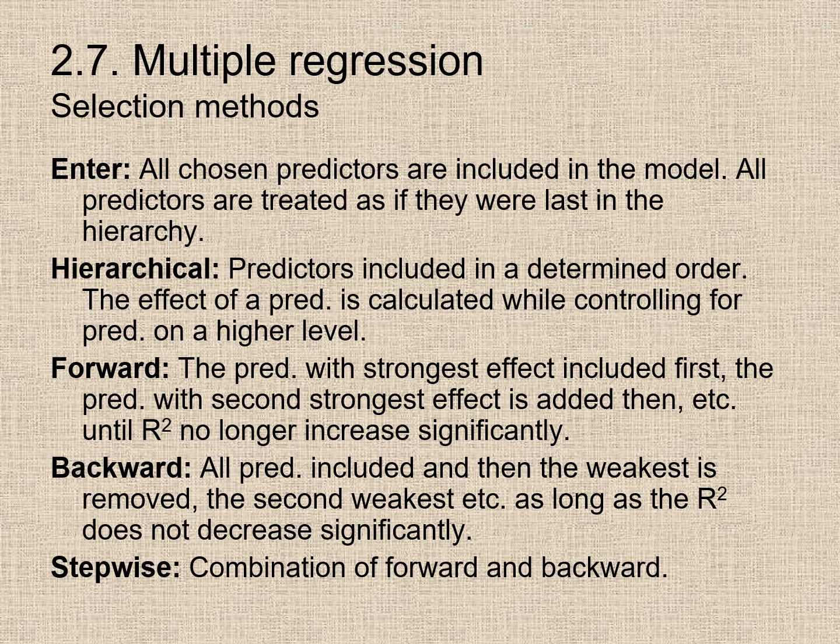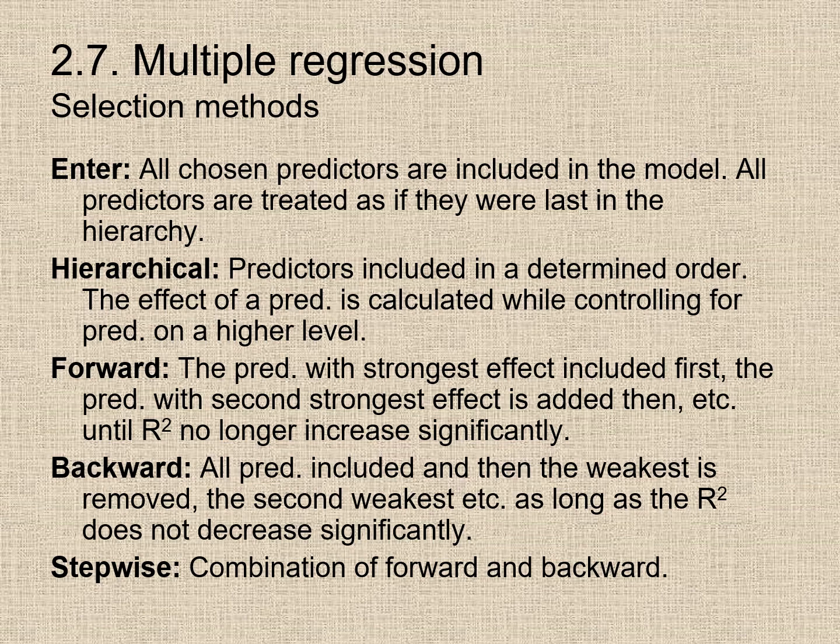Okay, we can also use forward and backward, and a combination of them. That's called stepwise. The stepwise function works like this. You tell the program, here is a bunch of predictors to choose among. I don't know which should be in the model. I leave it to you to decide.